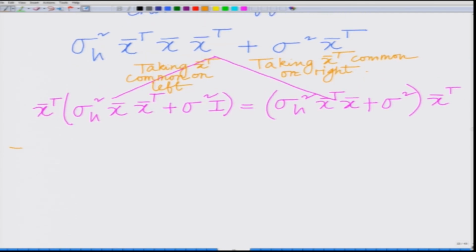And therefore, what does this imply? Now, what I am going to do is multiply both sides by sigma h square.